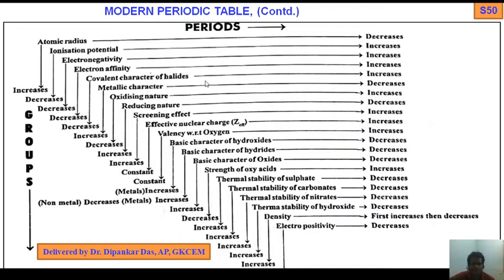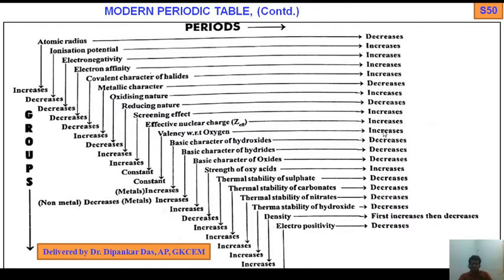Covalent character of halides increases, decreases. Metallic character decreases, increases. Oxidizing nature decreases, decreases. Reducing nature decreases, increases down the group. Screening effect increases, also increases down the group. Effective nuclear charge increases, down the group constant.